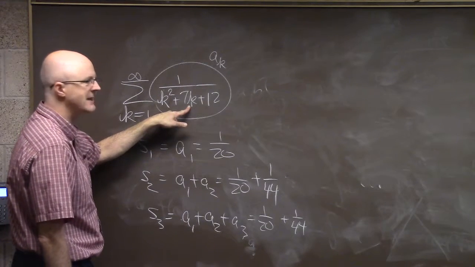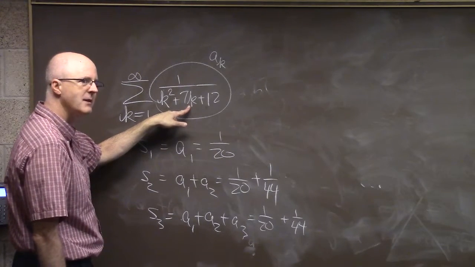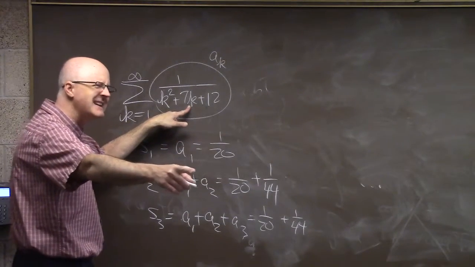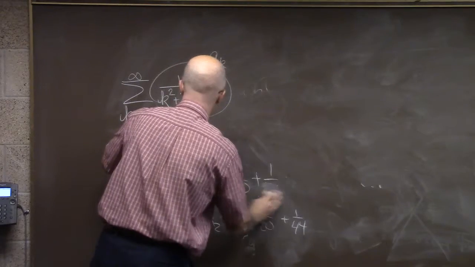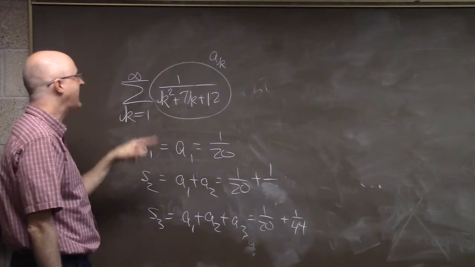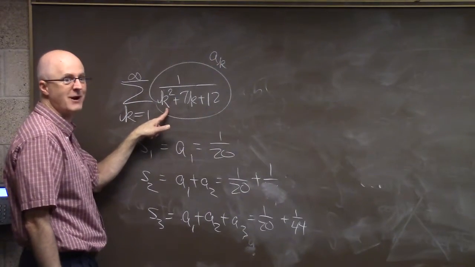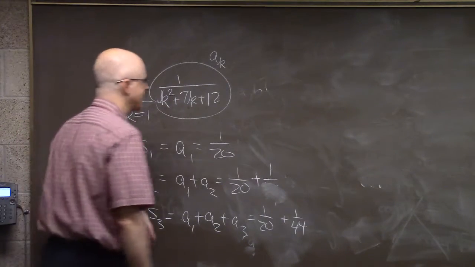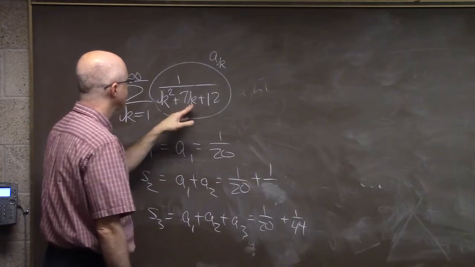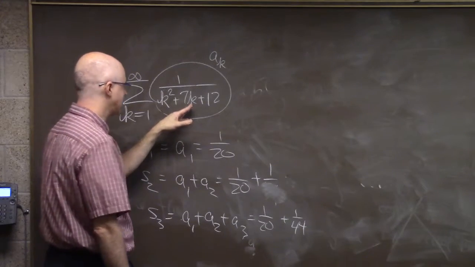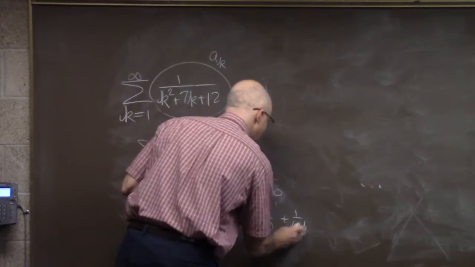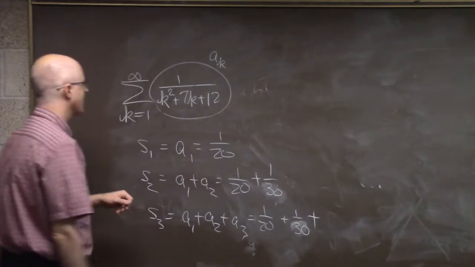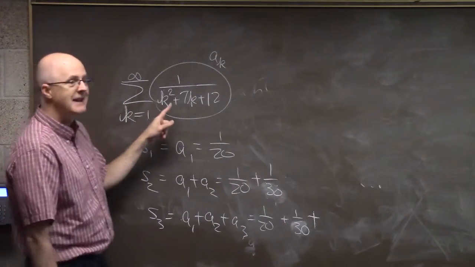Oh, I was thinking that was 7 times 4 in my head for some reason. No wonder people look confused. Okay, 2 squared is 4 plus 14 is 18 plus 12 is 30. Mistakes forever on YouTube.